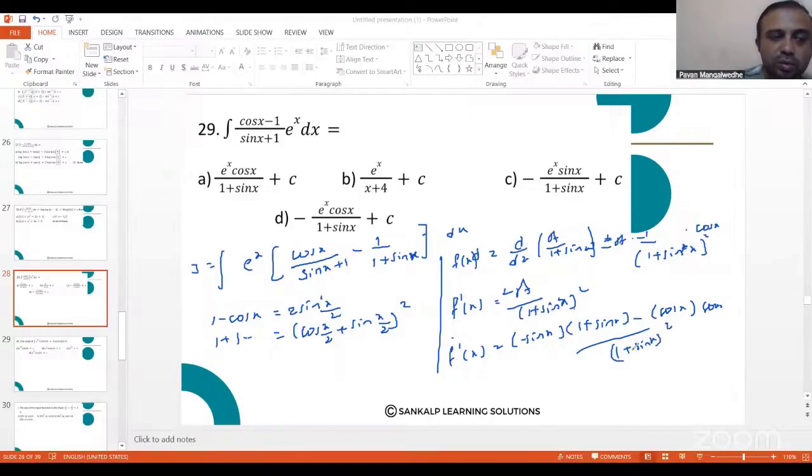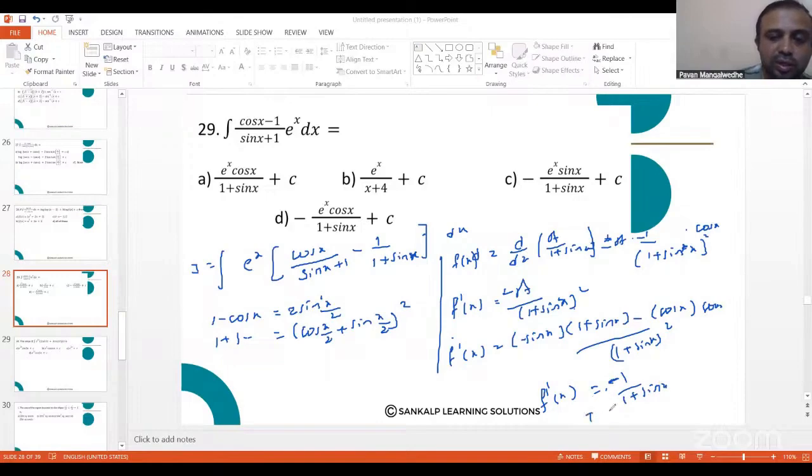After resolving this, f dash x is equals to minus 1 upon 1 plus sin x.